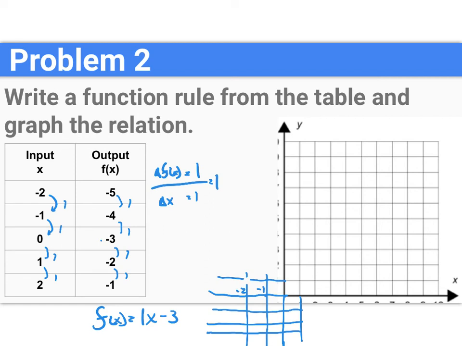Okay, so let's go back. All right, 0 is at -3. 1 is at -2. And then 2 is at -1. And you can see your line is going to go like that.